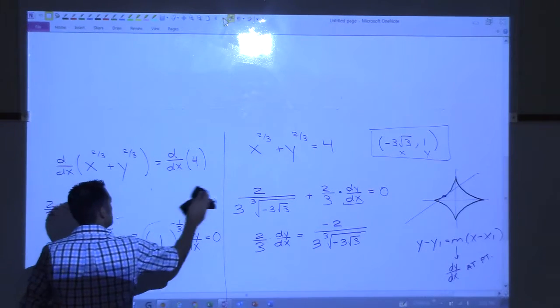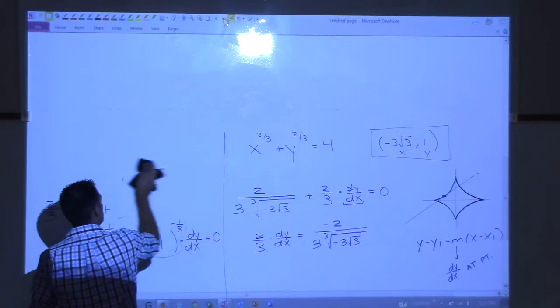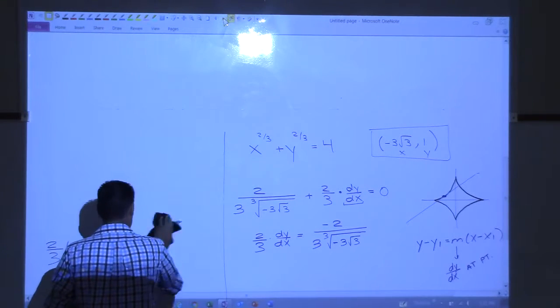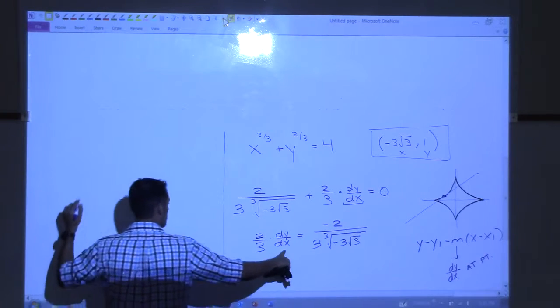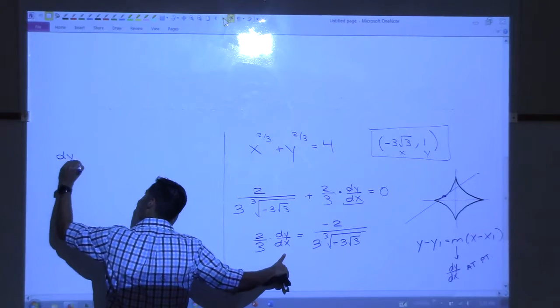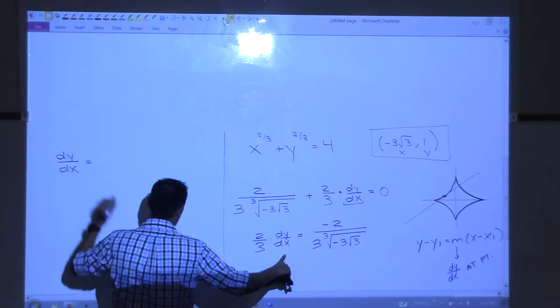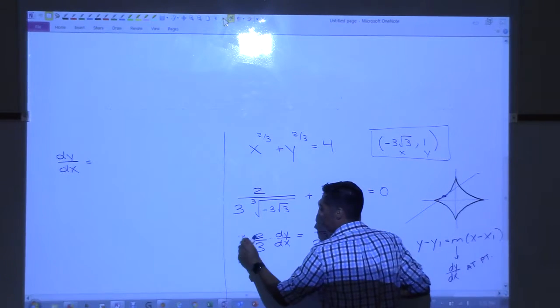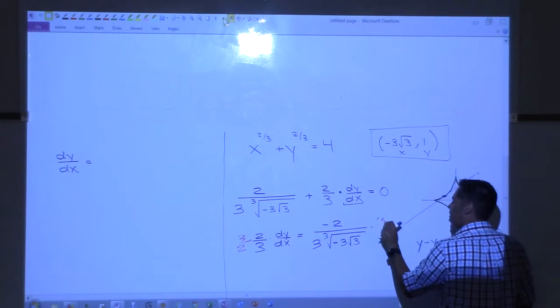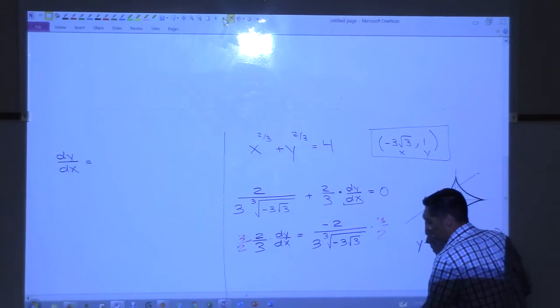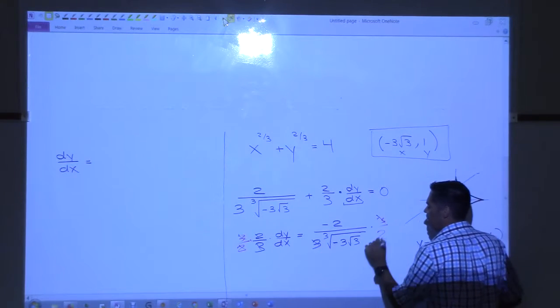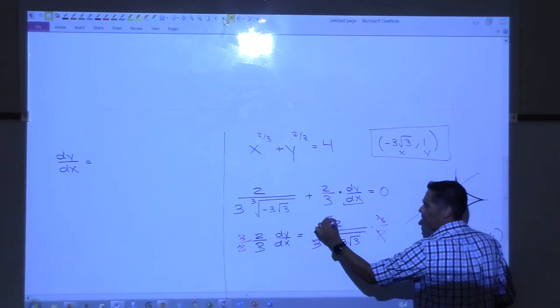So on the left side, I have what? Just dy/dx, right? Left side is just dy/dx. And I multiply both sides by 3 halves, right? I guess I can show it. 3 over 2, 3 over 2, right? Gone, gone, gone, gone. And over here, gone, gone, gone, gone, but with a -1 up there, right?